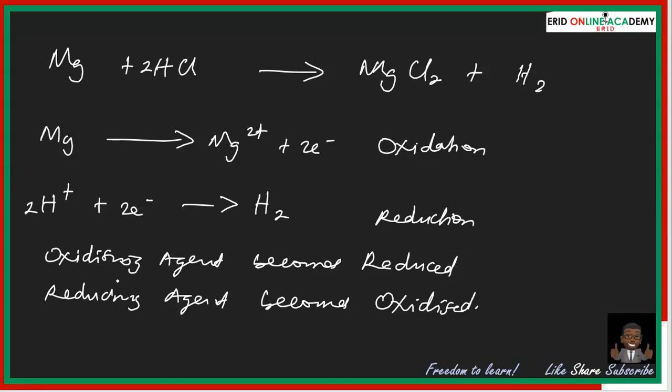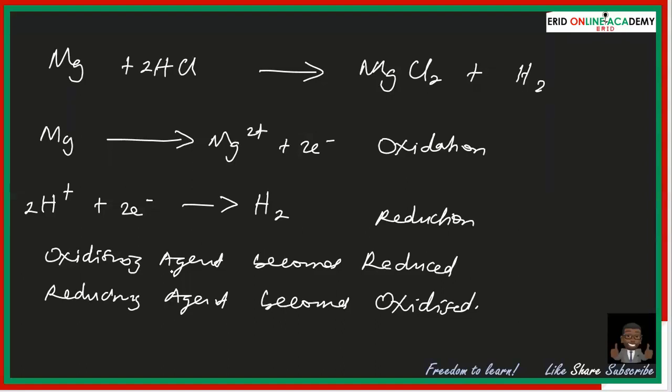Now, this word oxidizing here, the ing, does not mean something that is oxidizing. Look at that word agent. It helps you to understand, what does an agent do? An agent causes something to happen.